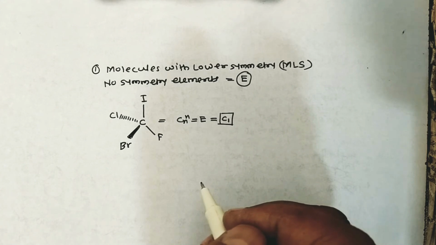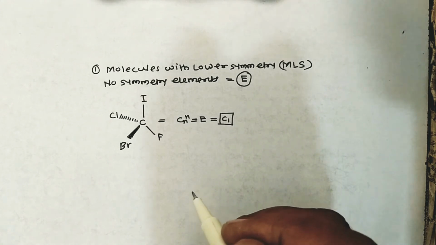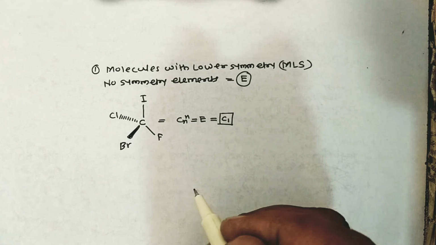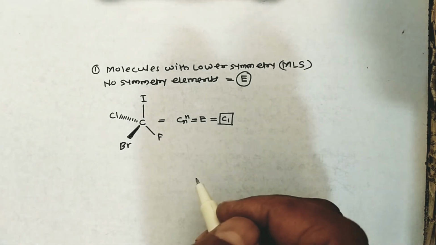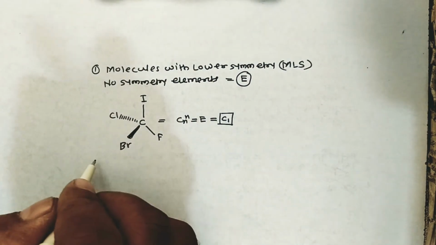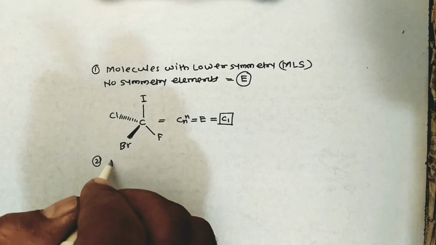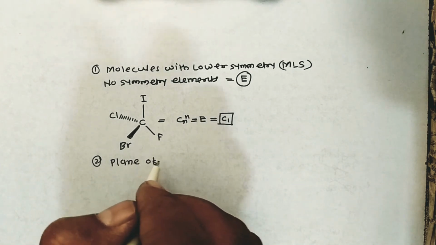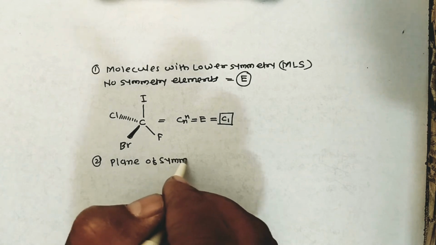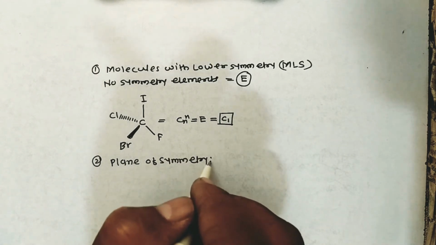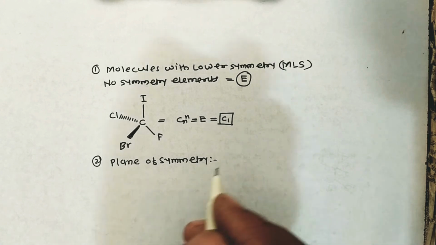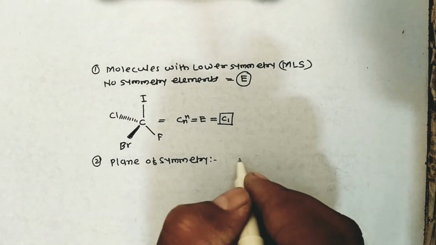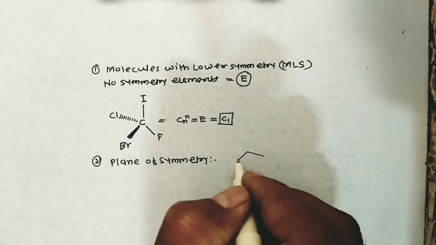Then the second type of group is molecules with plane of symmetry only. For example, phenol.